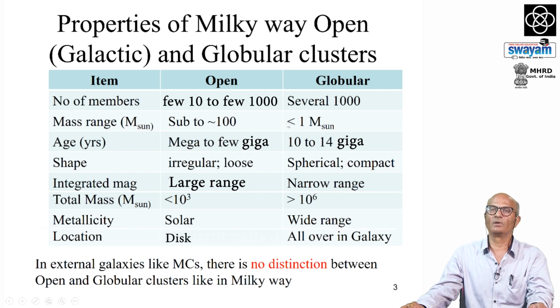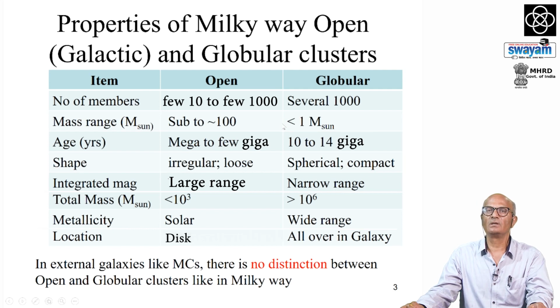This is simply because, due to the large age of globular clusters, massive stars have already evolved from the main sequence and reached the red giant, horizontal branch, and late stages of stellar evolution.